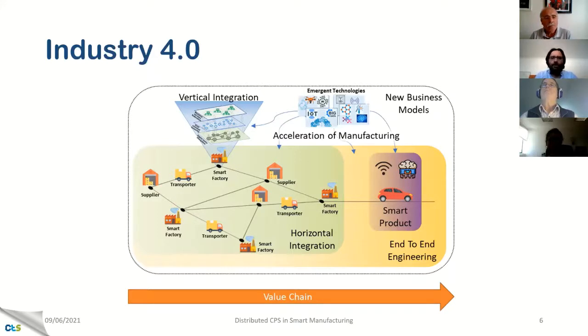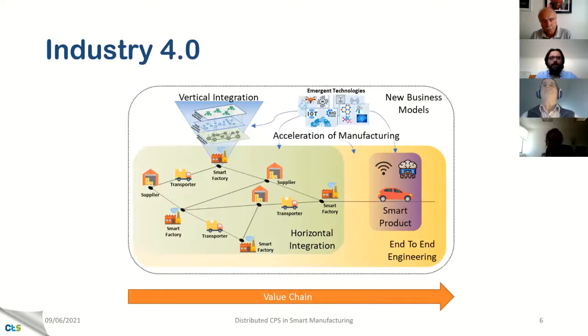And on top of it, after this first approach for the horizontal integration, we also explored using data from the product and the ability for this product to share data and to contribute to this environment. And of course, the end-to-end engineering.